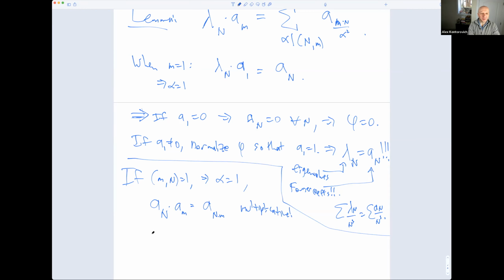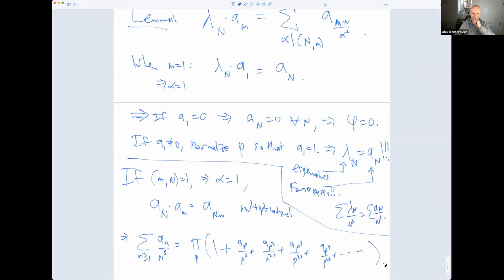Well, that's all you need to be able to say that the series a_n over n to the s decomposes into an infinite Euler product: 1 plus a_p over p to the s plus a_{p^2} over p to the 2s plus a_{p^3} over p to the 3s plus and so on. Right, in this case, you have to justify further why you can collapse this.